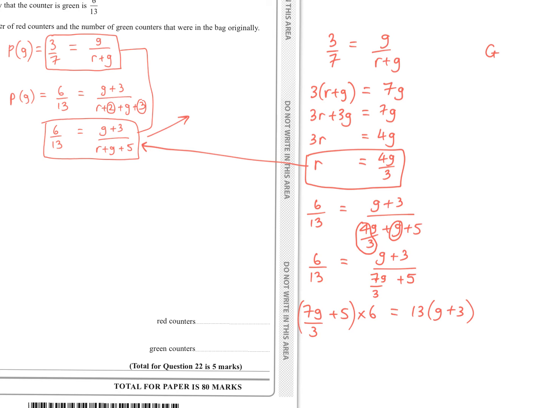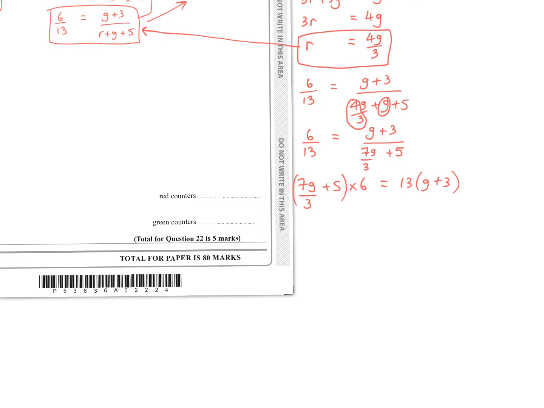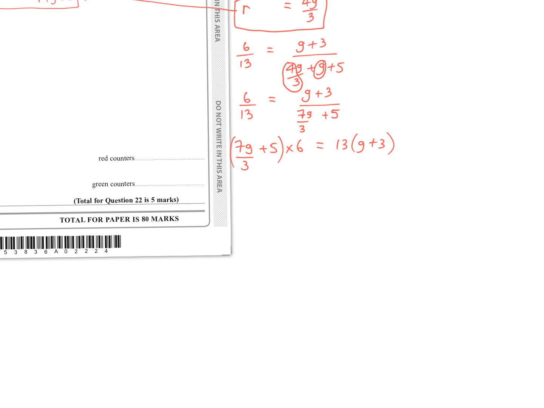And then we just need to multiply this out and let's see what we get. So we've got 42G over 3 plus 30 equals 13G plus 39. And 3's into 42 is 14, so we've got 14G plus 30 equals 13G plus 39.